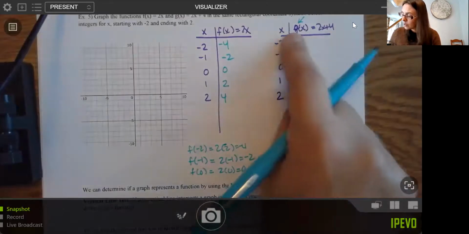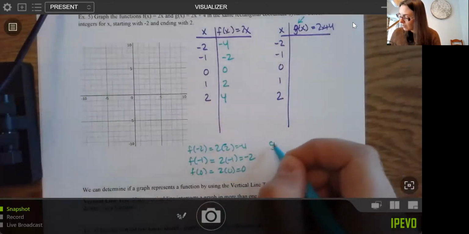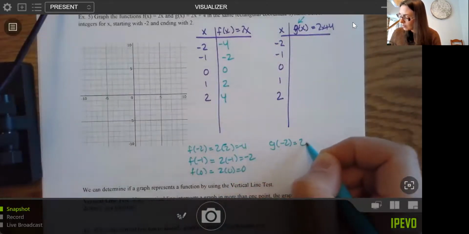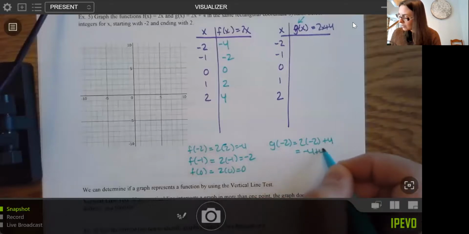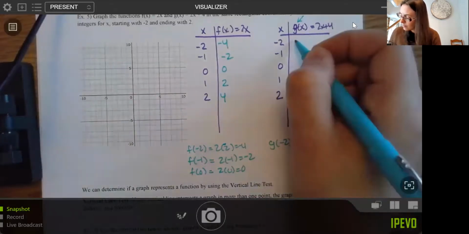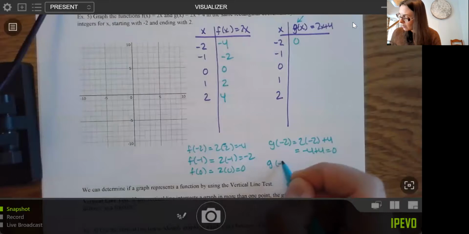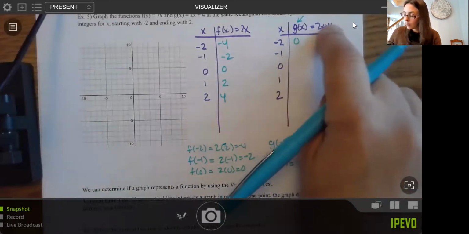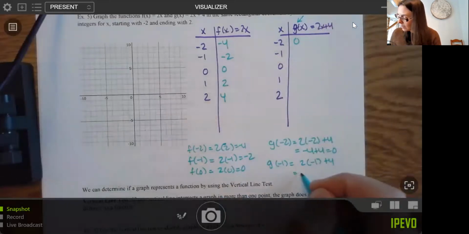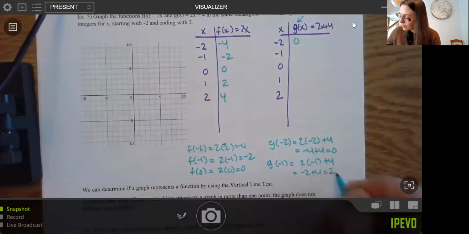And I would do the same thing for g of x. So if I'm doing g of -2, it's 2 times -2 plus 4. -4 plus 4 is 0. G of -1 would be 2 times -1 plus 4. I'm just plugging right into the expression there on the right. -2 plus 4 is 2.